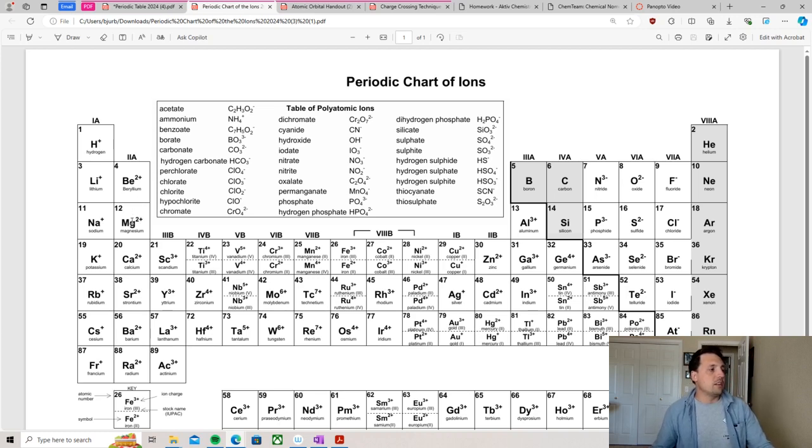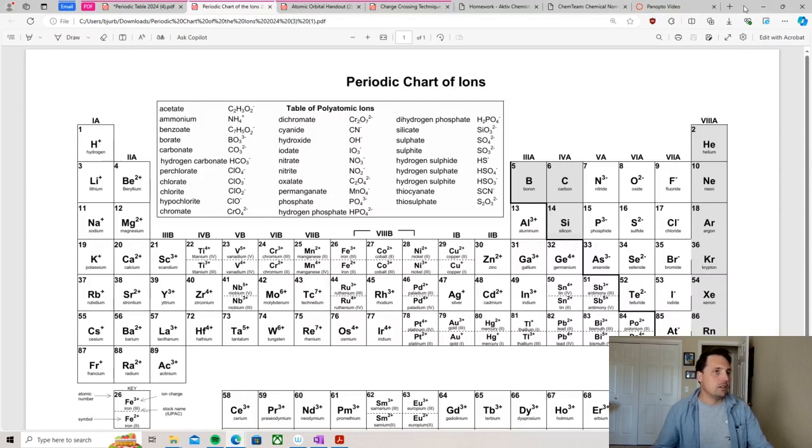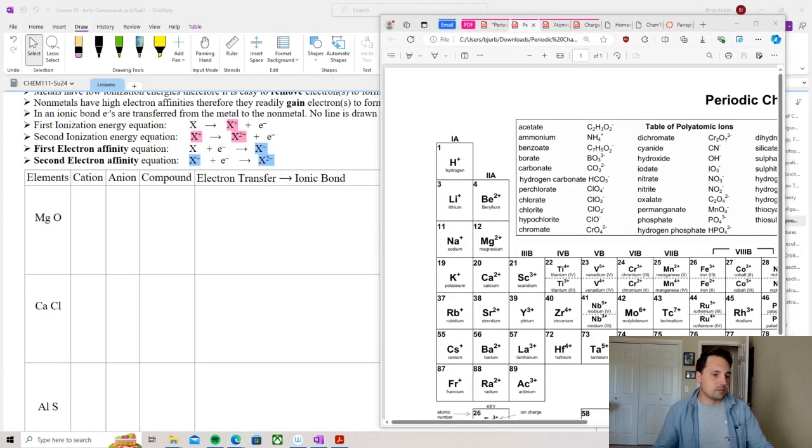That is, the most stable ion of magnesium has a 2+ charge, as does everything else in the second group. So the most stable cation of magnesium is Mg2+.